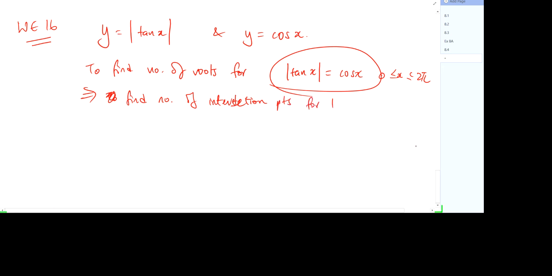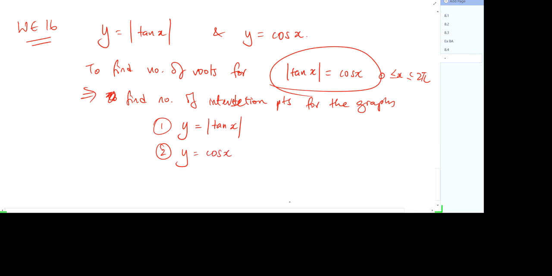We are supposed to find the intersection points for two graphs. What are the two graphs over here? First one, y equals modulus tangent x. Second graph is y equals cosine x.